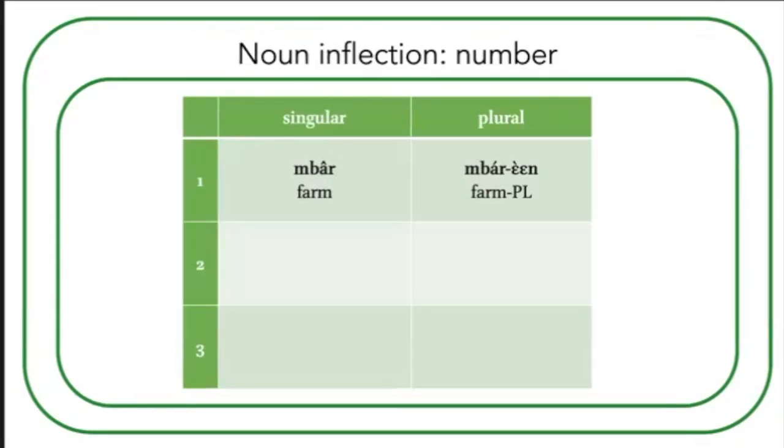Sengwer has a tripartite number system. So nouns can be unmarked in the singular and marked in the plural, like the word for farm here, which has a plural suffix en. They can be marked in the singular, but not in the plural. Like we have the word for elephant here, which is marked in the singular with the suffix ya, but unmarked in the plural.